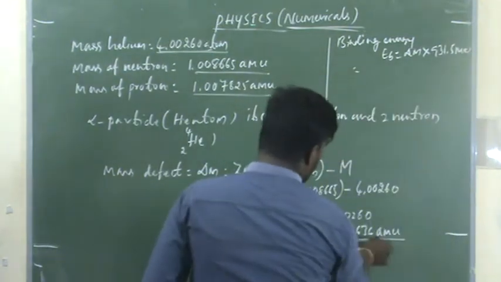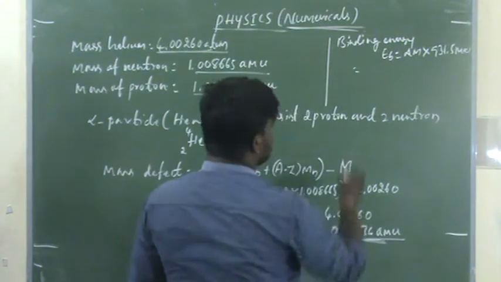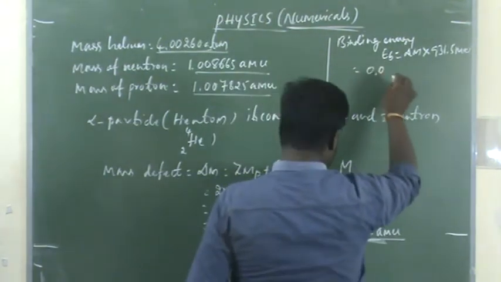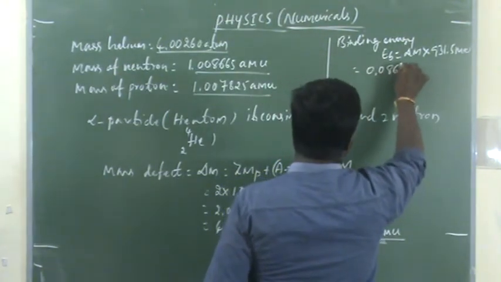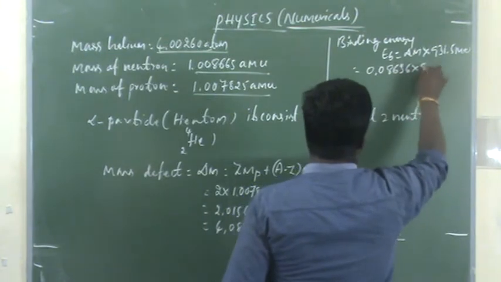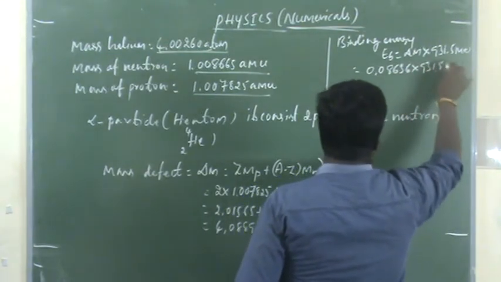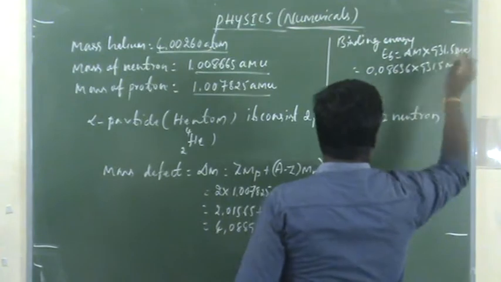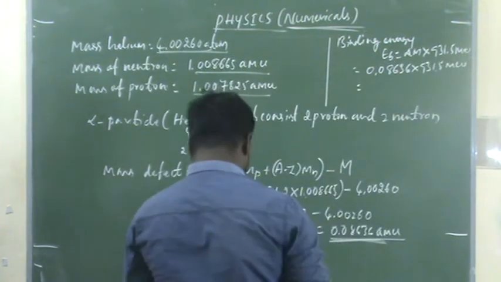So delta M, the mass defect, is 0.08636 into 931.5 mega electron volt.